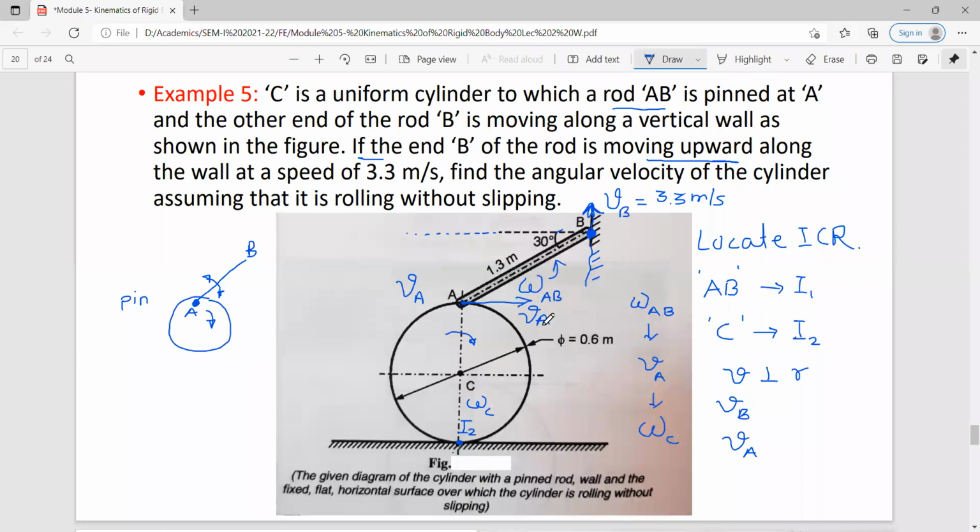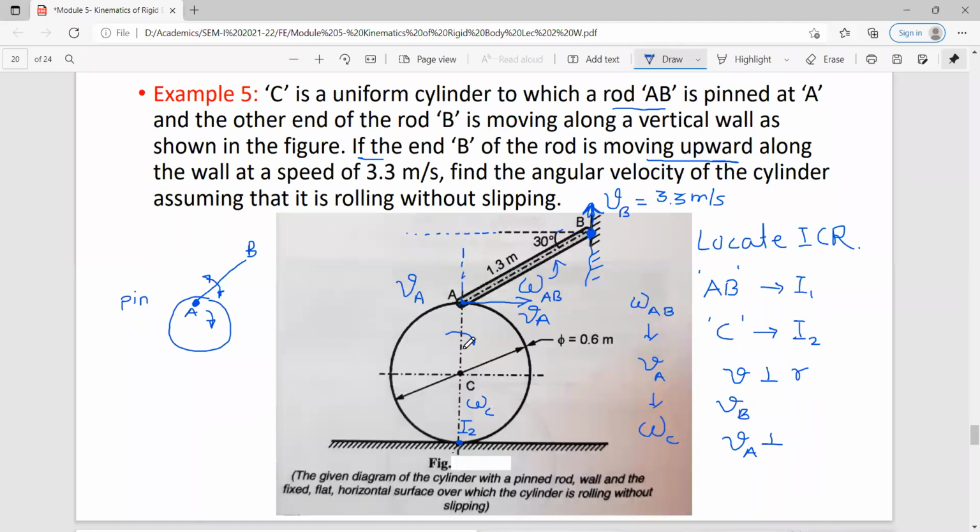I know that velocity and radius are perpendicular. So I will draw the radius of point A perpendicular to the velocity like this.